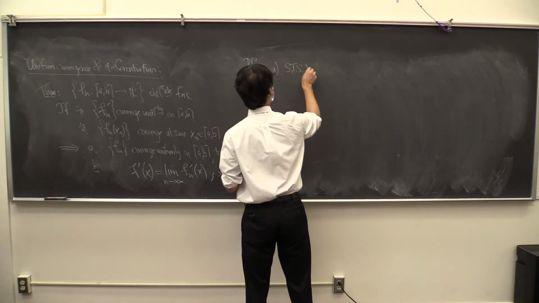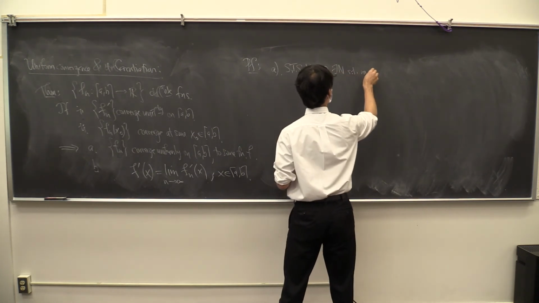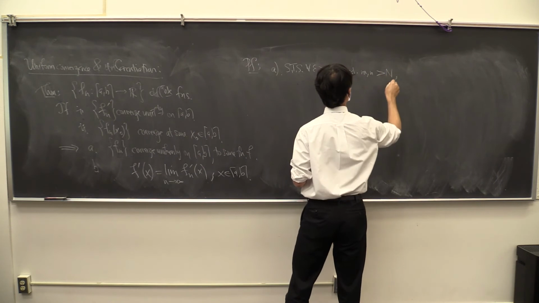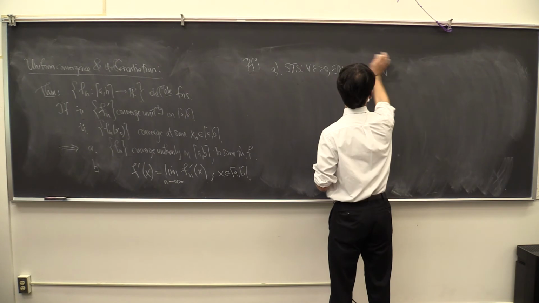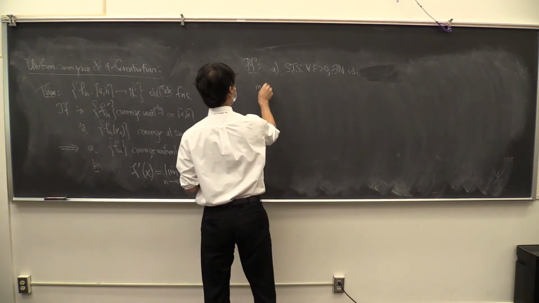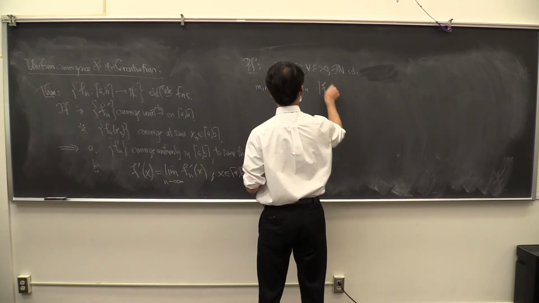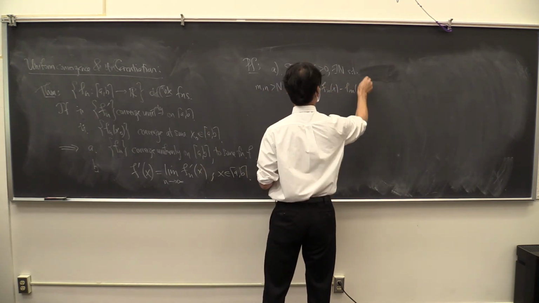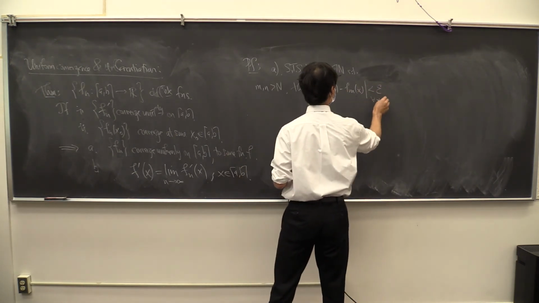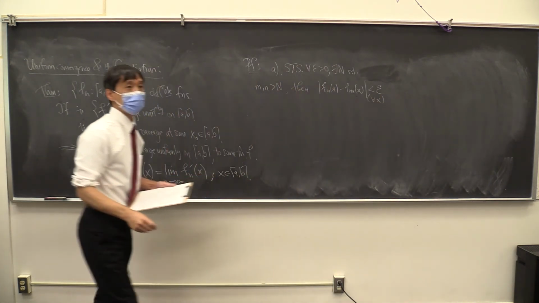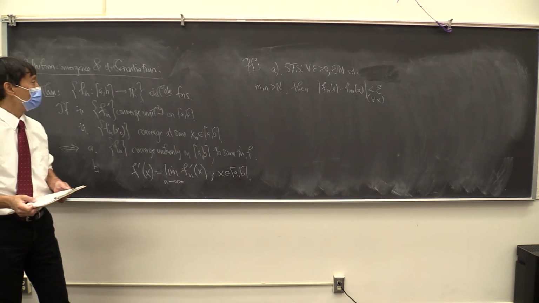Suffice it to show that given any epsilon, there exists a time such that if m and n exceed that time, then |f_n(x) - f_m(x)| is smaller than epsilon for all x. Right, that's the Cauchy criterion for uniform convergence.